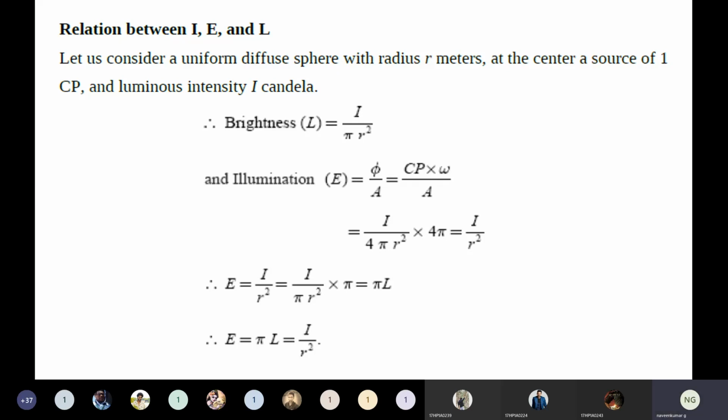So what happens to your E now? I divided by r square. That can also be written as I divided by pi r square into pi. What is I divided by pi r square? We have already defined in equation 1, that is your brightness L. So E is equal to pi times L, that is equal to I divided by r square.